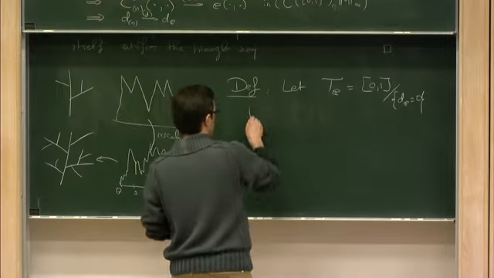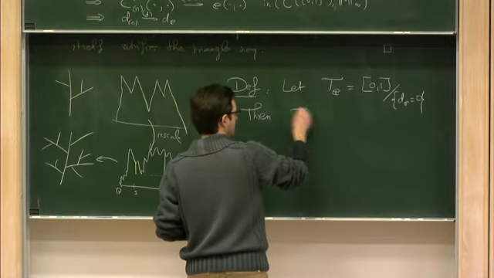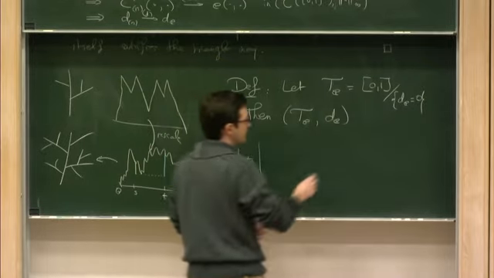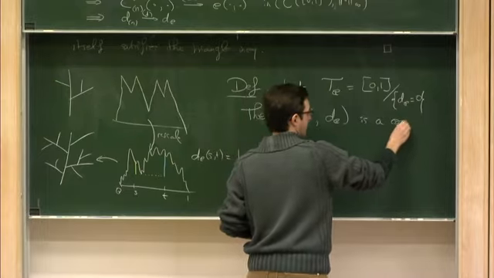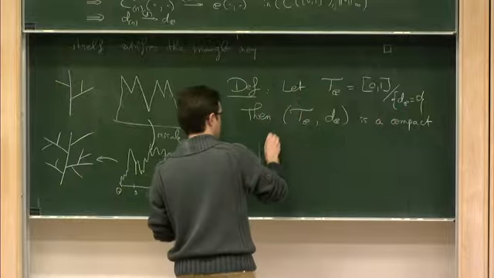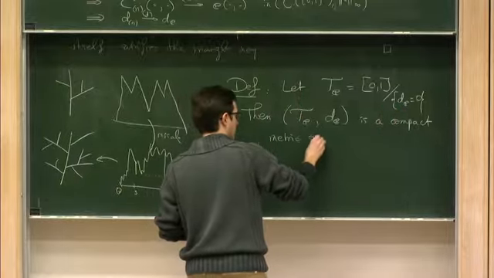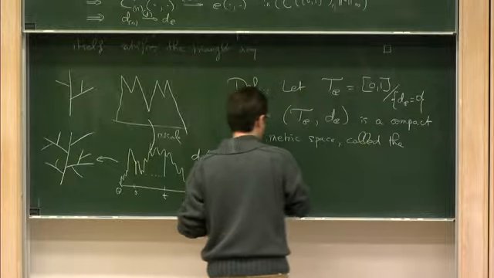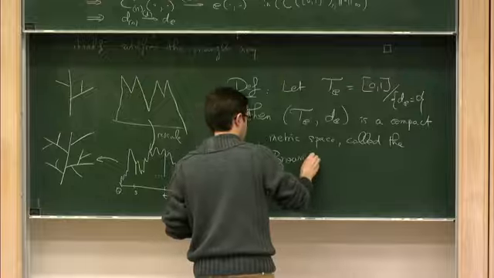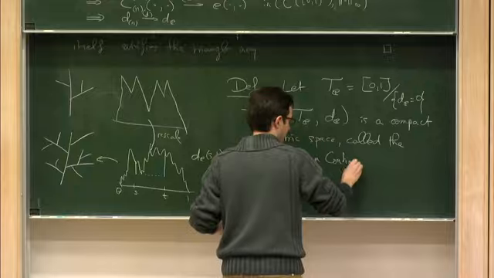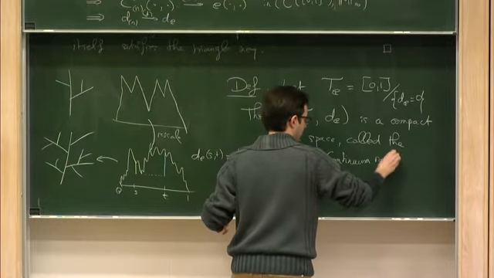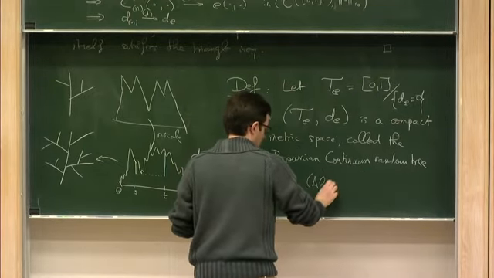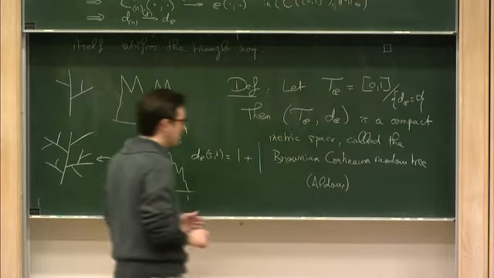Then TE, equipped with the distance dE, is a compact metric space. It's called the Brownian CRT, the Brownian continuum random tree, which was introduced in the early 90s by Aldous.